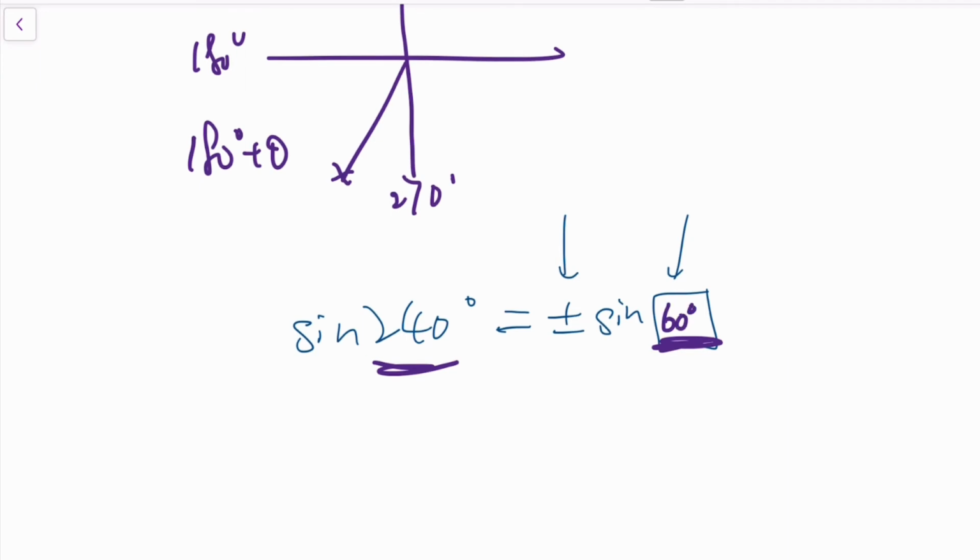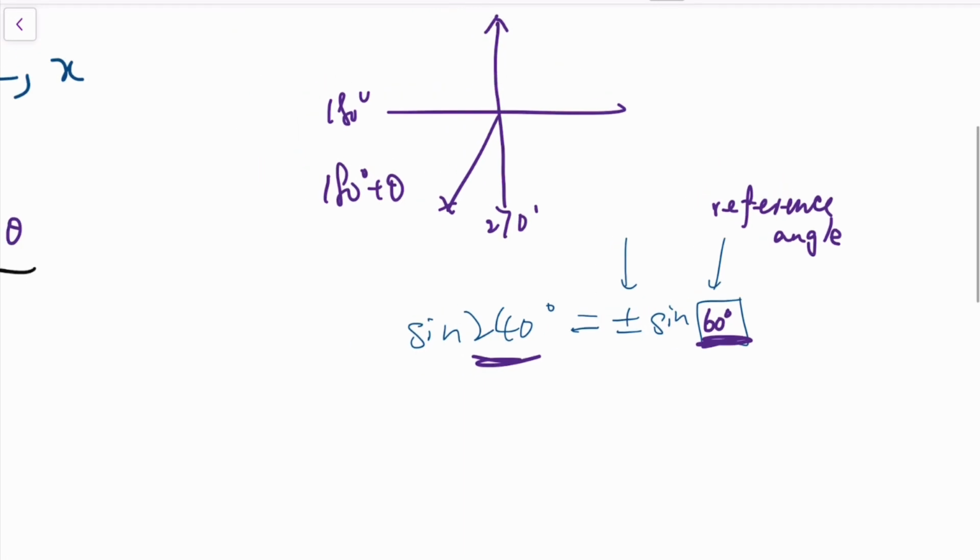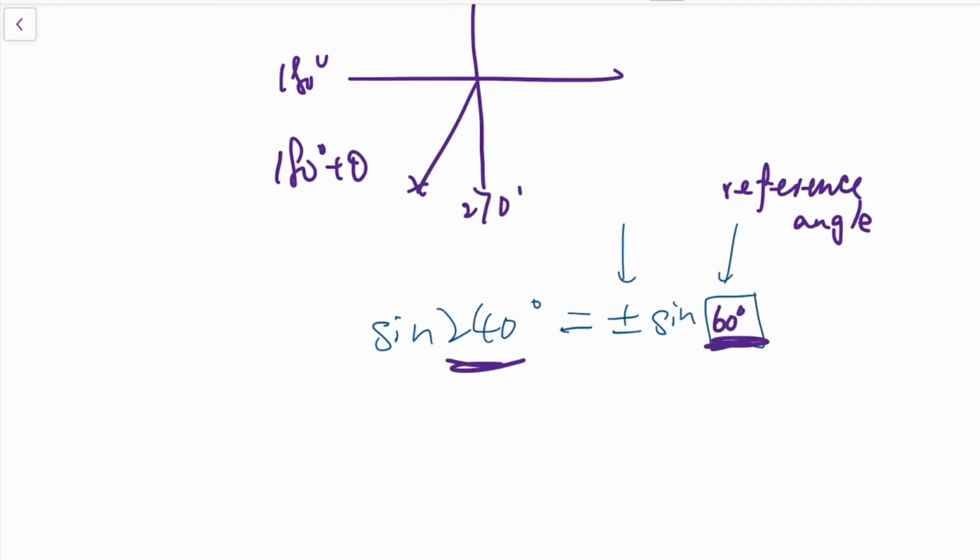This 60 is also called the reference angle. It's like a reference because sine 240 would basically be the same as sine 60, except you also want to figure out whether that's plus or minus.